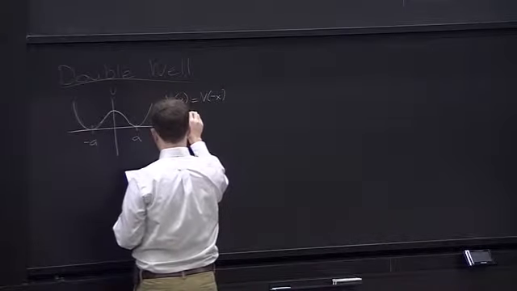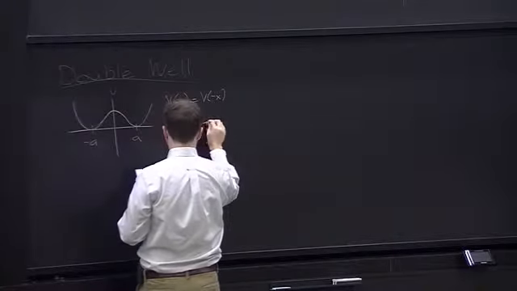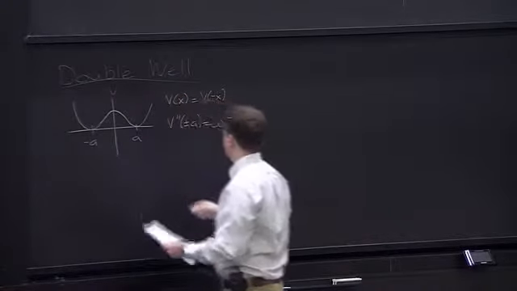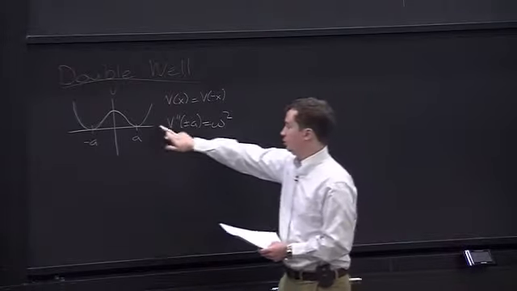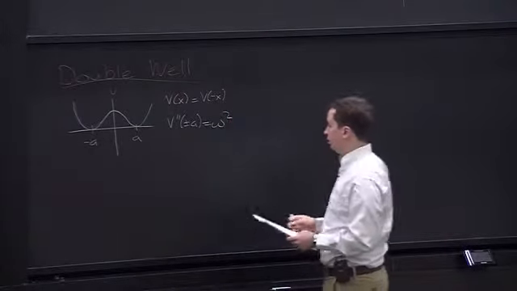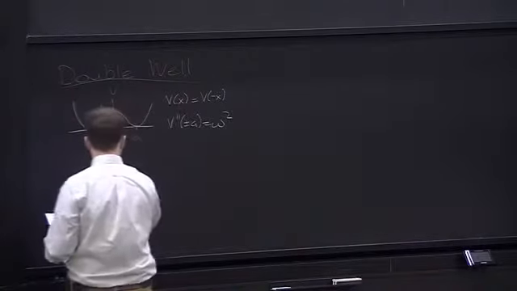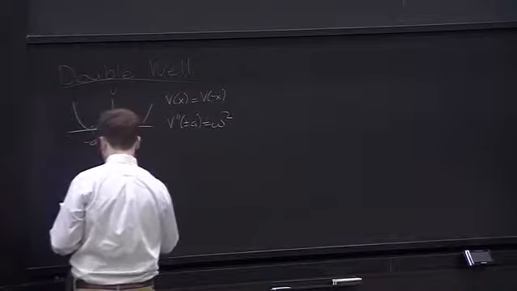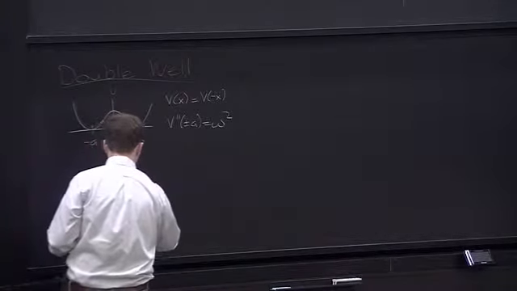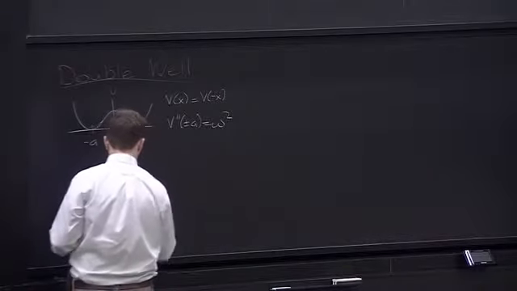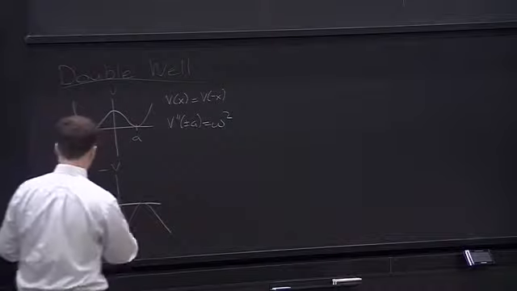And let's say that the second derivative at both of the minima is omega squared. So it looks like a harmonic oscillator near plus or minus A. And so then what we're going to need to do is solve the Euclidean equations of motion, which are just like the regular equations of motion, except the sign of the potential flips.